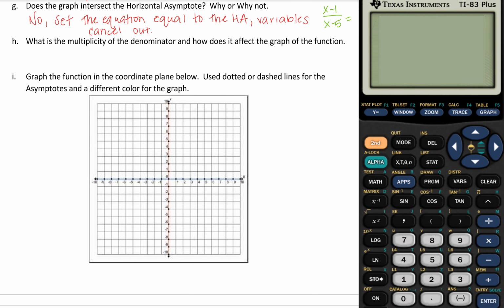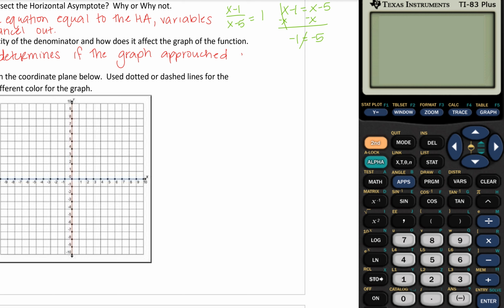All right, it says, what is the multiplicity of the denominator and how does it affect the graph of the function? Well, the multiplicity determines if the graph approaches asymptotes in the same direction.